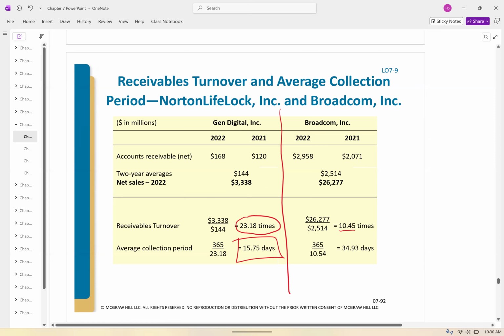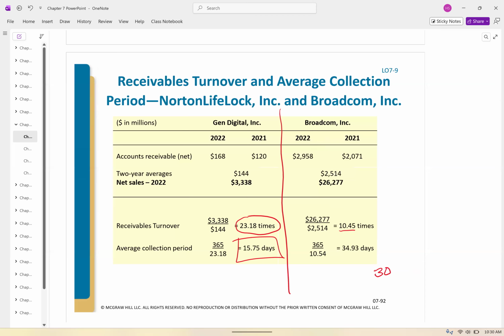It depends on what a company's credit period is. Okay. So if this company has a credit period, let's just say of 45 days, they're doing really good. Okay. They're underneath the 45. If they are a 30-day, I would be like, we might be extending credit to people who aren't paying us very quickly.